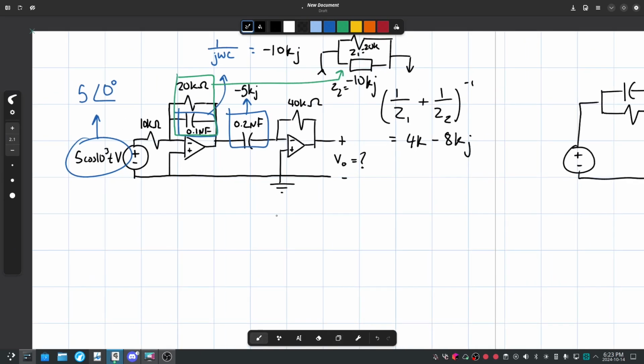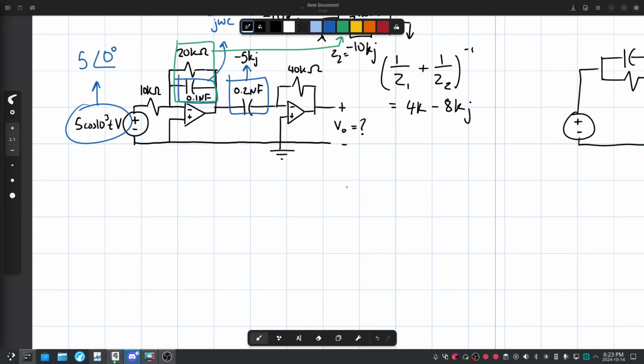So, we can now simplify the circuit. This is something that I like to do. I know that I have a friend who doesn't like the way that I do this, but I think it helps you understand the circuit a bit better. When you have an op amp like so, when working in ideal circuits, you can convert this.